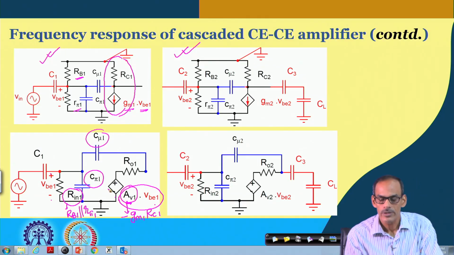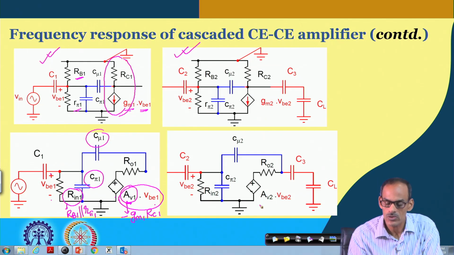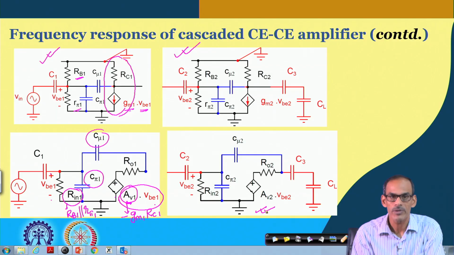Likewise, for the second stage we also have the rearranged or simplified equivalent circuit. It has its corresponding Rin, again Rin equal to Rb of this stage, Rb2, in parallel with R pi 2.